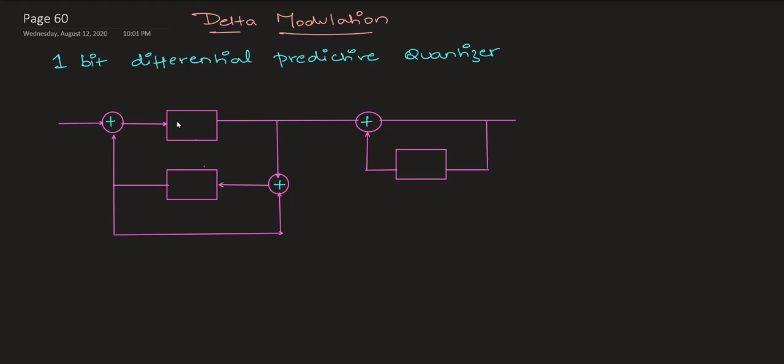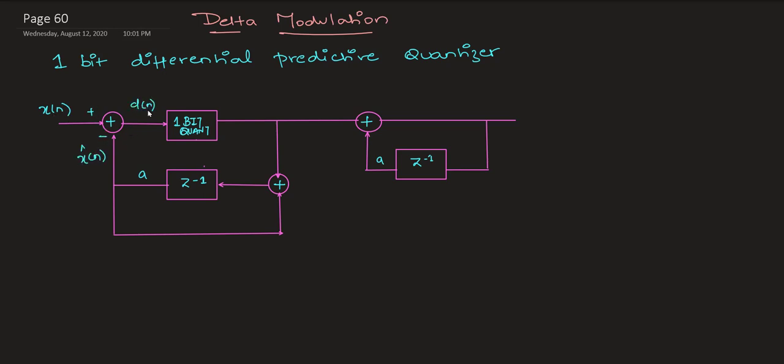It's either 1 or 0, and that's basically what a 1-bit quantizer does. It just checks the difference value d of n. It's going to take the sign of d of n, and if it is positive, it gives a positive sign, and if it is negative, it gives a negative sign.